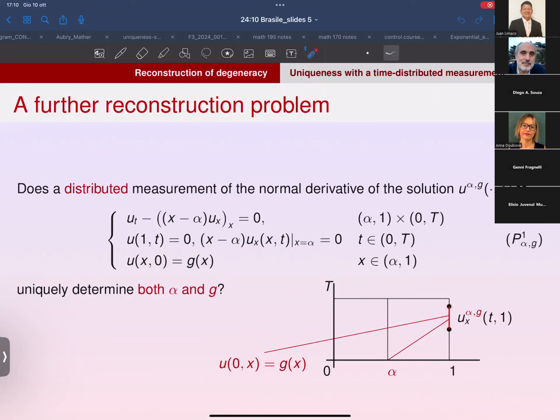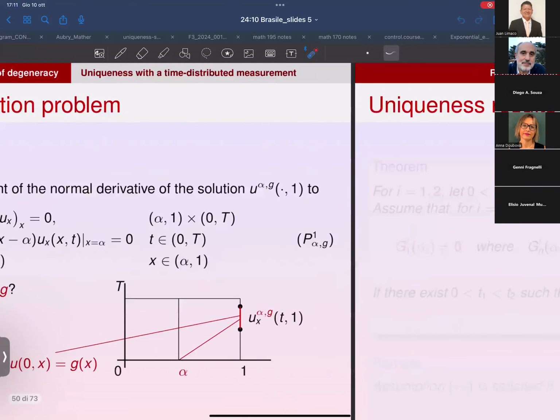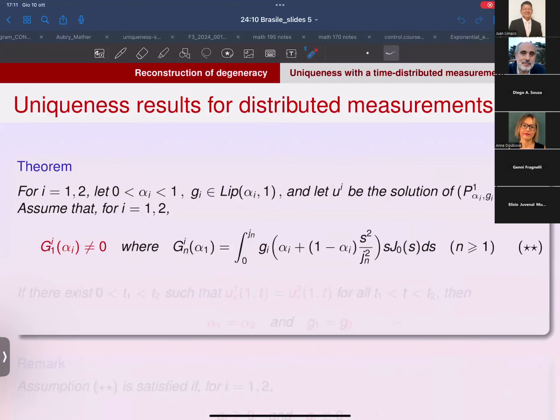And here the richer measurement consists in the normal derivative not just at a point, but on a full interval. So the question becomes, can a measurement of the solution on some interval T0, T1 determine in a unique way alpha and the initial condition that now I'm calling G, just to make a difference from the previous result. And the result here goes like this.